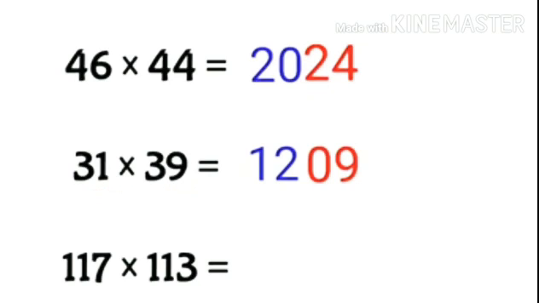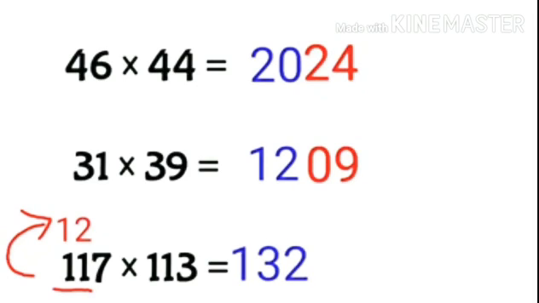Now here we have 11. So what number will come next after 11 in counting? That is obviously 12. So 11 times 12 is 132. And for the last two digits, find the product of unit digits 7 and 3.